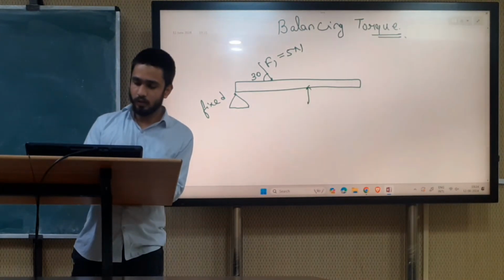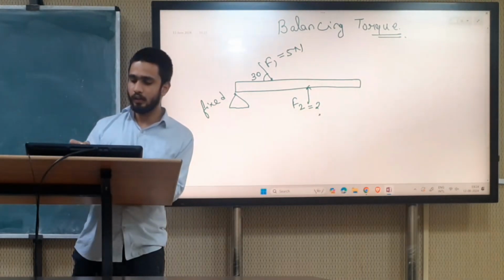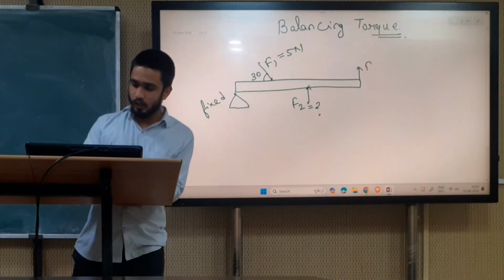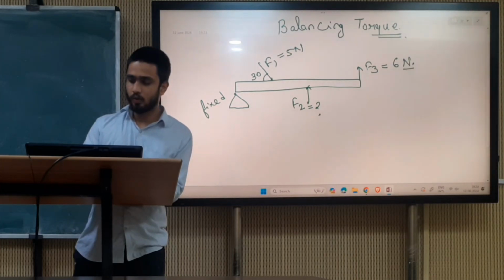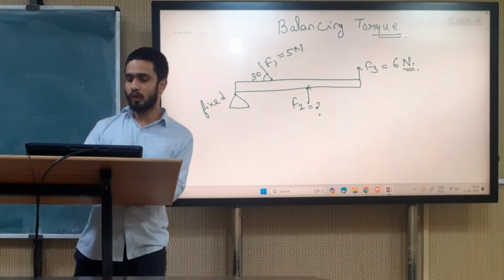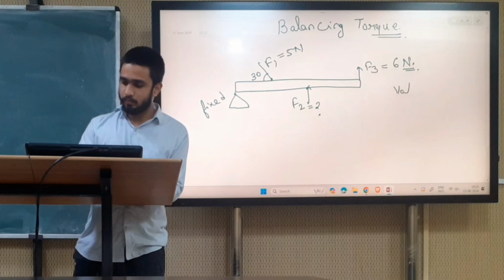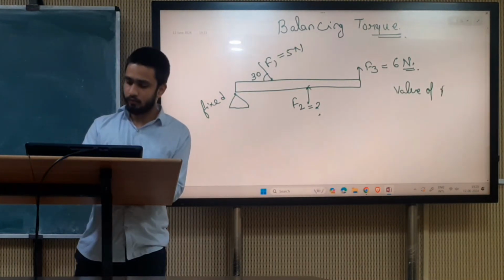Another force F2 is applied, whose magnitude is not known, and here a force F3 of magnitude 6 newtons is applied. We have to find the value of the magnitude of F2.